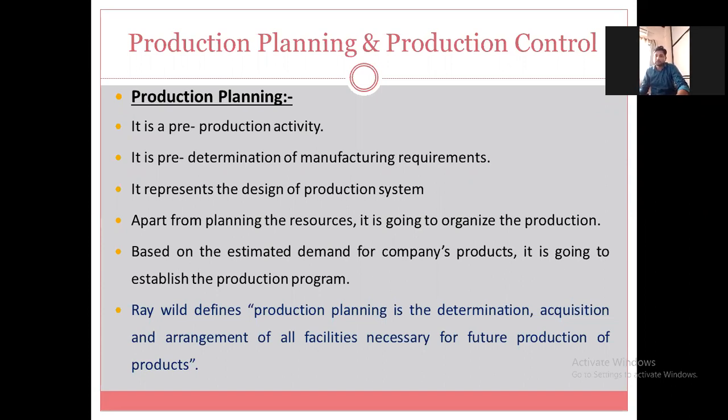At any cost during working time, not a single component should be missed out, and it should not happen that it is not available on the shop floor. So it is the predetermination of what is required for production, and accordingly you have to manage the things.